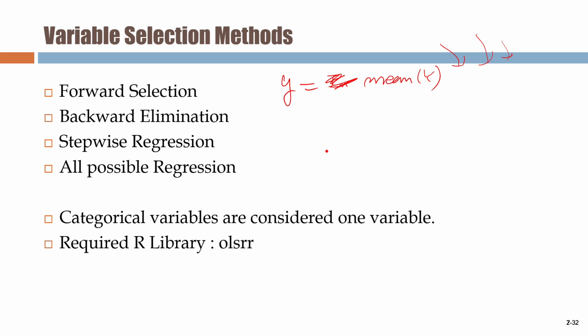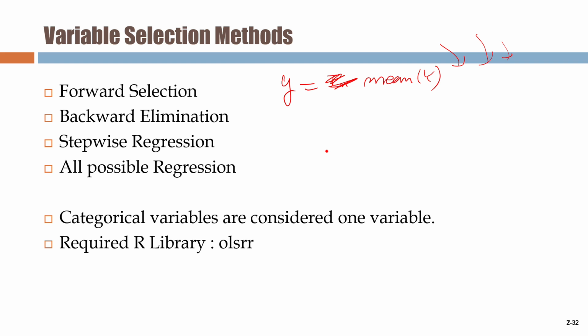Here the best is also the tricky part. You have to decide which criteria you should use. Either R square is the best, or the p-value. Those are the most common criteria when we do forward or backward stepwise.